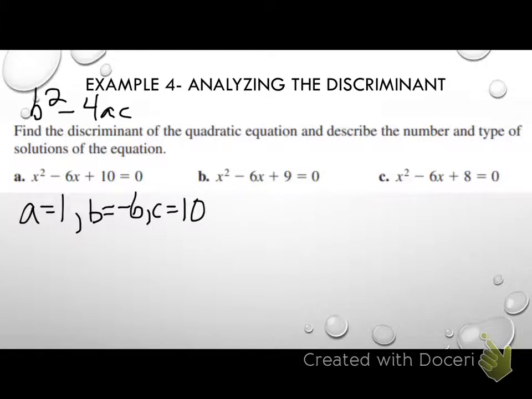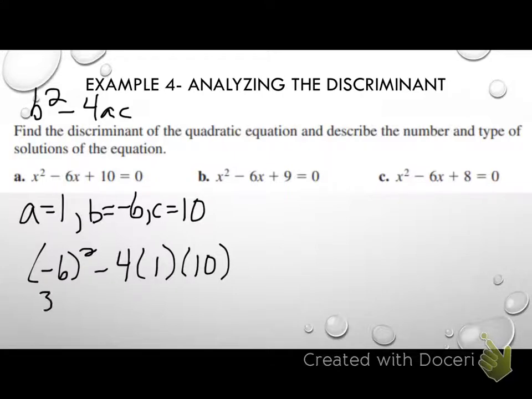So b squared, got negative 6 squared minus 4 times 1 times 10. That's my discriminant, right? B squared minus 4ac. Negative 6 squared, 36. Negative 4 times 1, negative 4.